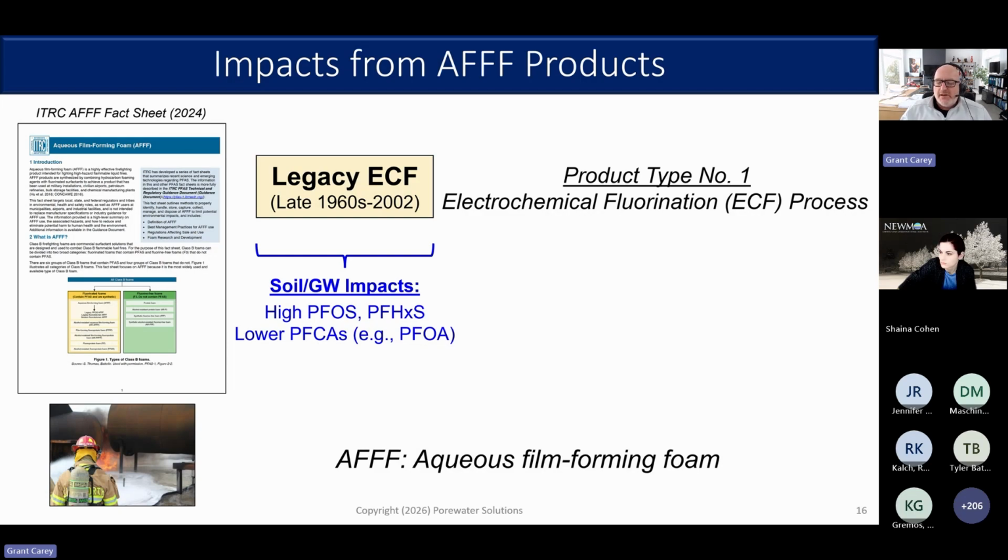But we can actually start to tell which products may have been used in source areas, or at least predominantly used, based on the impacts we measure in soil and groundwater. ECF-based AFFF products tend to result in higher PFOS and PFHxS in soil and groundwater where releases may have occurred, and lower concentrations of carboxylates like PFOA.